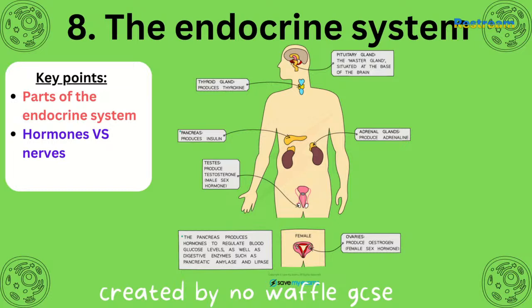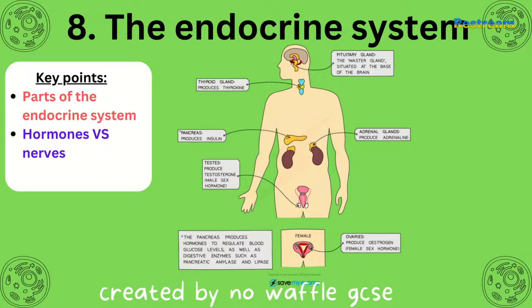When we're talking about hormones versus nerves, we'll look at this in more detail soon. Hormones are produced by various glands called endocrine glands. For example, the pancreas produces hormones such as insulin. Hormones tend to have relatively long lasting effects.